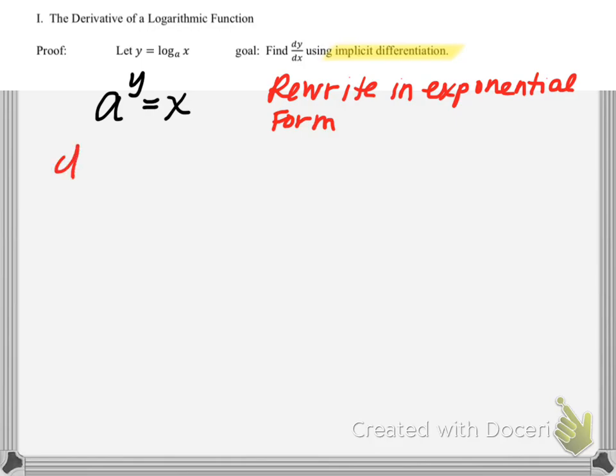So this will be the derivative of the left-hand side with respect to x, and the derivative of the right-hand side with respect to x.